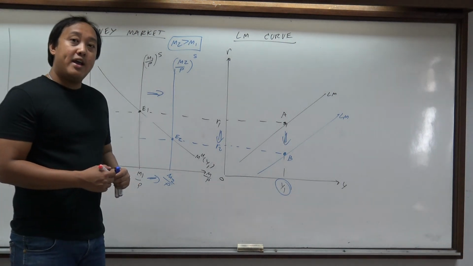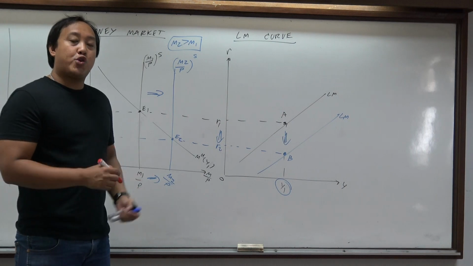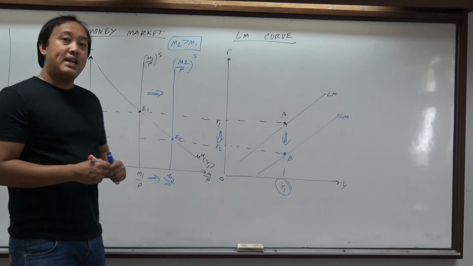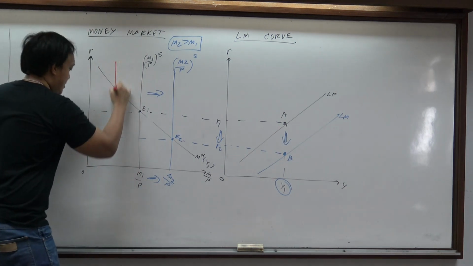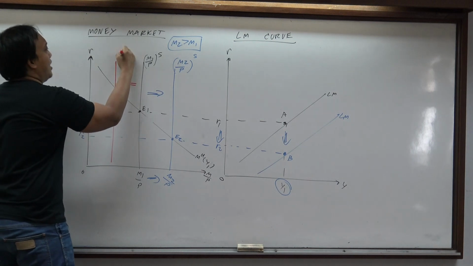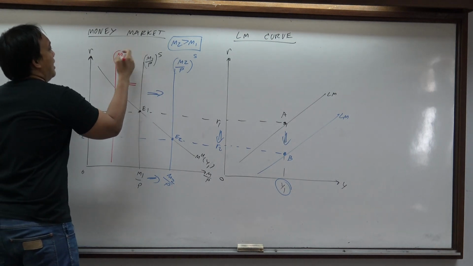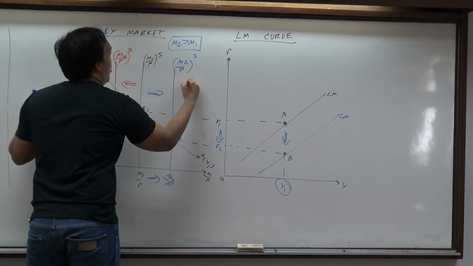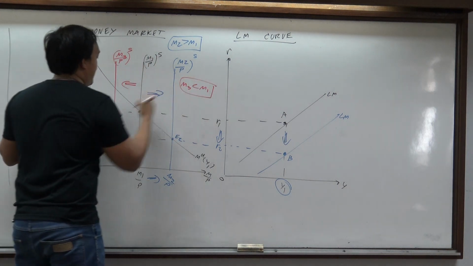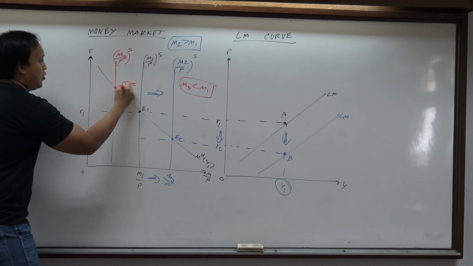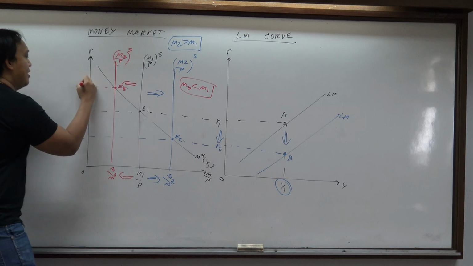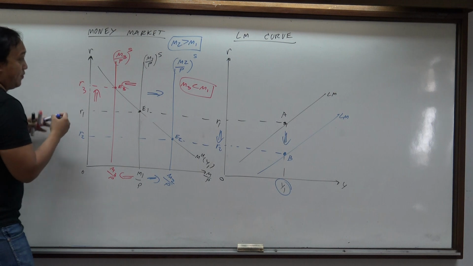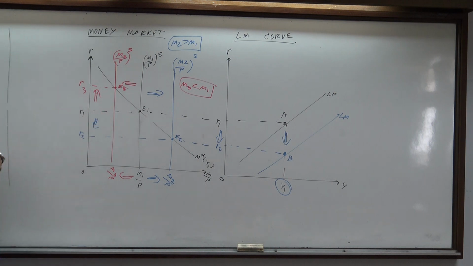In the opposite way, if the central bank destroys money, reducing the amount of money in the economy, the real money supply will shift to the left. This is M3 over P. Let me write down that M3 is less than M1. E3, M3 over P. Then the real interest rate goes up.